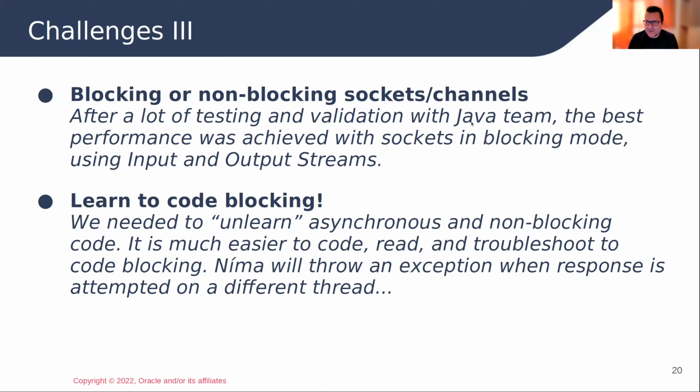In the end, we found out that the fastest performance we can get is with using server socket in blocking mode. When you accept a socket, you set it to blocking mode and you use just input and output streams. And this was very refreshing.